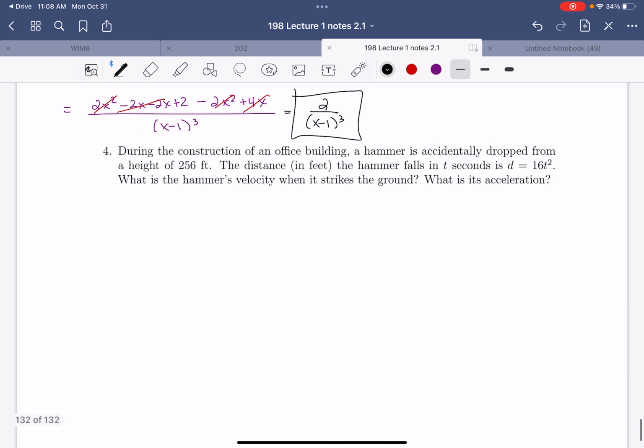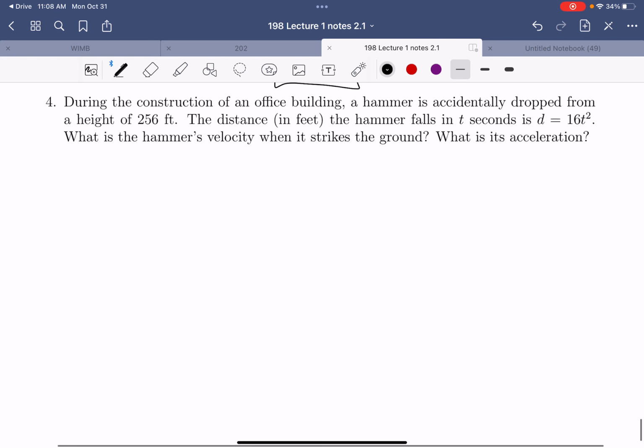And then this last one: during the construction of an office building, a hammer is accidentally dropped from a height of 256 feet. The distance in feet the hammer falls in t seconds is d equals 16t squared. What is the hammer's velocity when it strikes the ground? What is its acceleration? So if you heard me mention above, we know that d is for distance, and the derivative of distance, d prime of t, is the velocity.